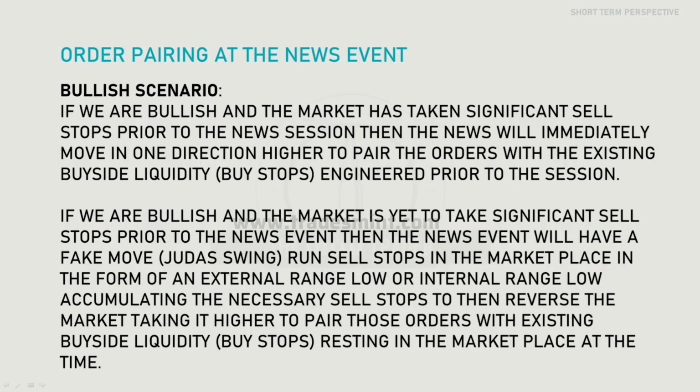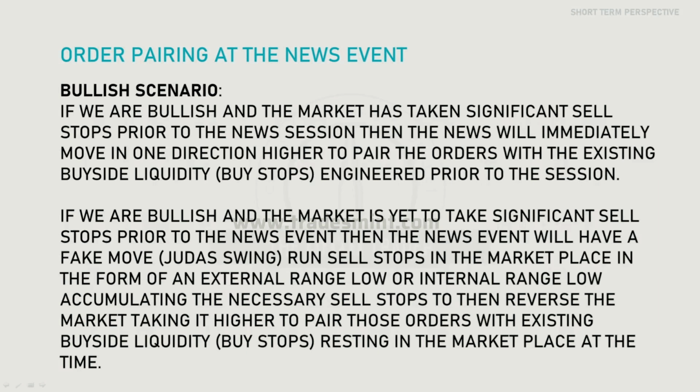Then they will call that a Judas swing, right, to run those sell stops in the marketplace in the form of external range liquidity low or internal range low, accumulating the necessary sell stops to then reverse the market, taking it higher to pair those orders with existing buy side liquidity, those buy stops resting at the marketplace at that time.